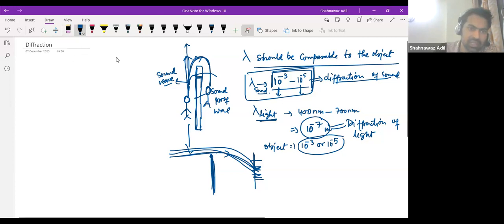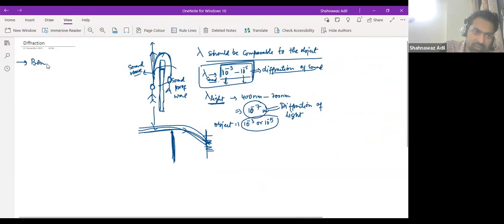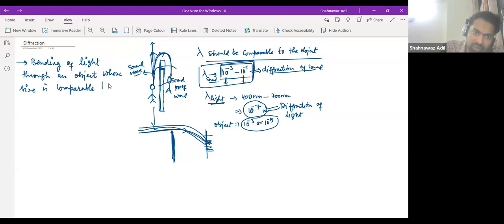Okay, let us write the definition. Diffraction is the bending of light by an object whose size is comparable to the wavelength of the incoming light.